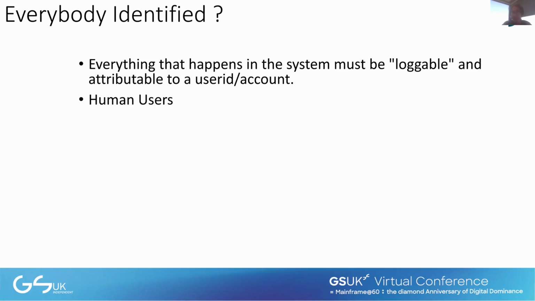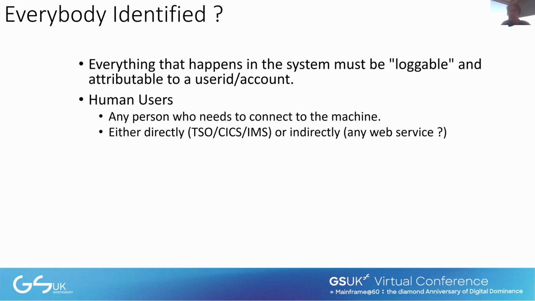Obviously, the human users: anybody who needs to connect to the machine directly or indirectly. And this is a hard one because figuring out any indirect connections is not easy in the beginning. But you've got to start somewhere. So directly, the actual human interaction needs to be identified. Again, we're back to roles and responsibilities.